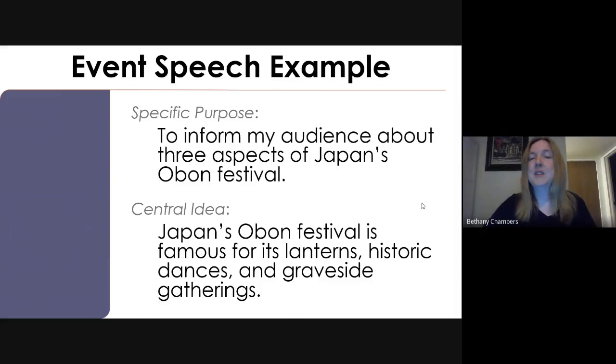Japan's Obon Festival is famous for its lanterns, historic dances, and graveside gatherings. So again, like the last example we looked at, your central idea is intentionally lining up how you're going to use it for your main points.